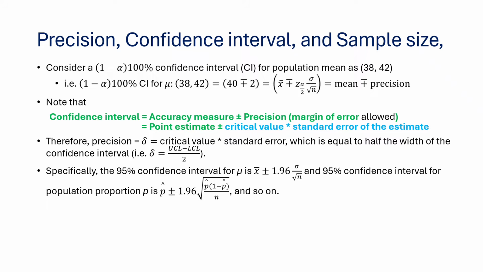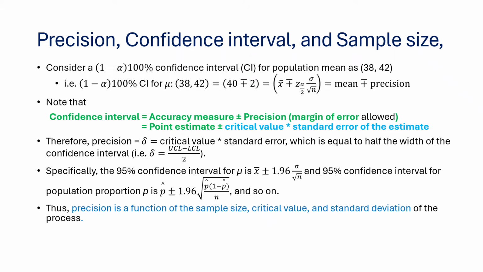One component is the critical value, and the other one is the standard error of the estimate. So the delta can be easily calculated as half of the difference between the upper confidence limit and lower confidence limit. Altogether, you can see that precision is a function of sample size, critical value, and standard deviation of the process.